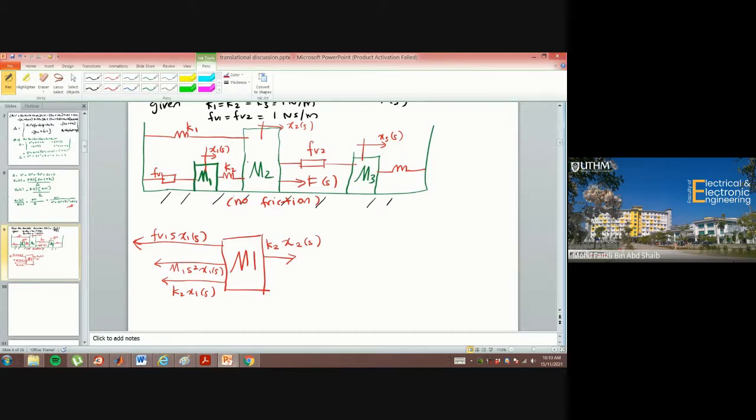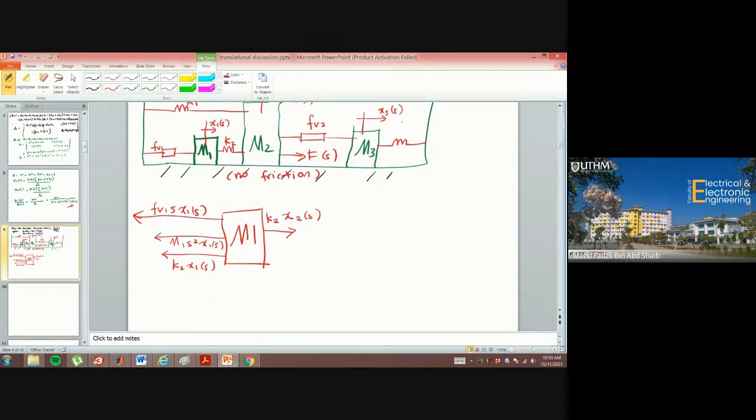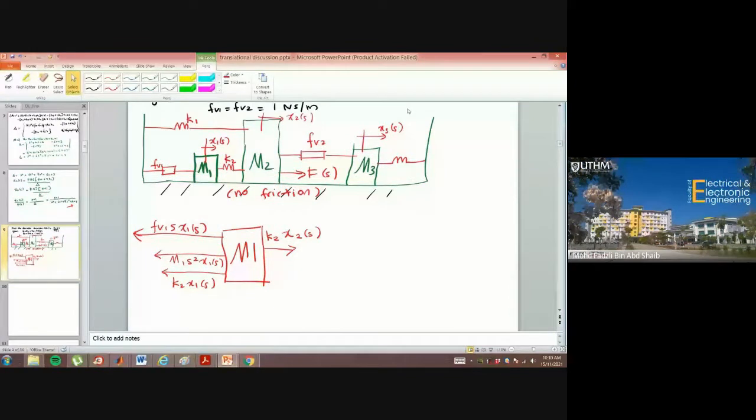So the equation will be M1 S square plus Fv1 S plus K2 X1S minus K2 X2S equal 0.